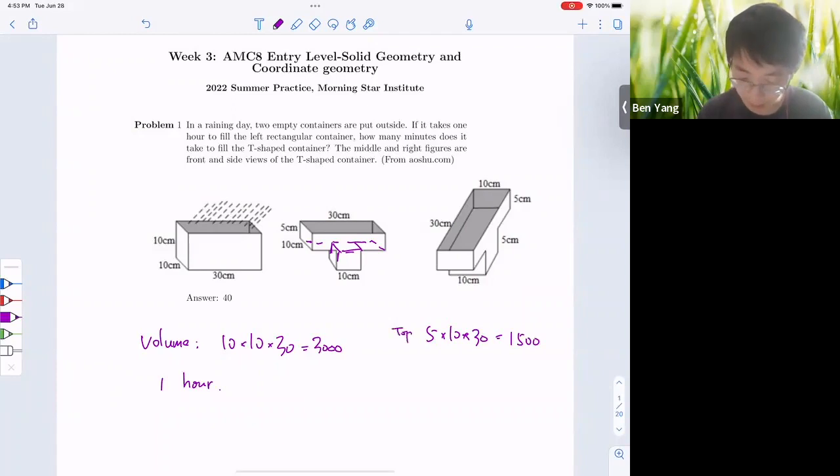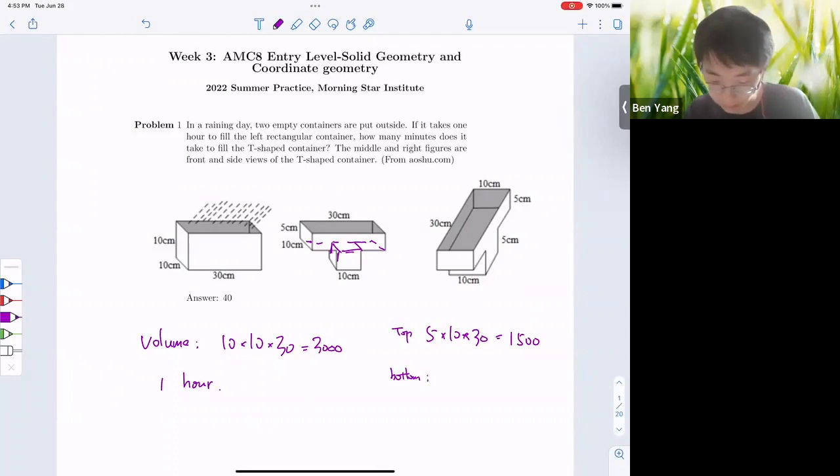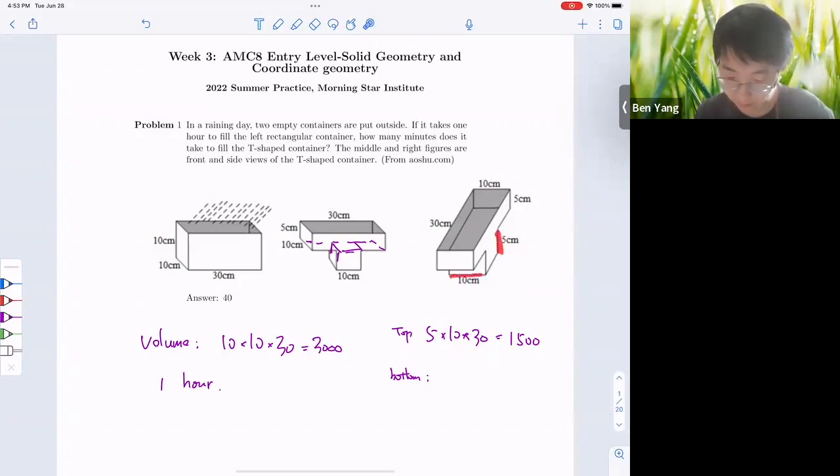So this is top. And then for the bottom, looks like it's a 10 by 10 by 5 rectangular box, because from the side view, we have 10 here and 5 here. And then I guess we're missing that part, but that part is given to us by the front view.